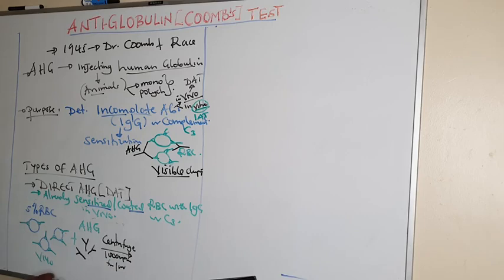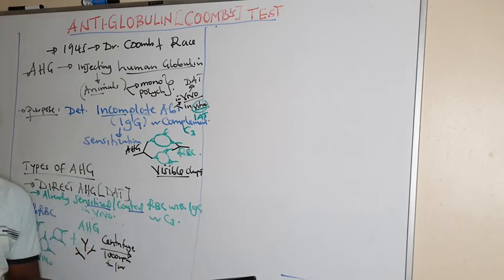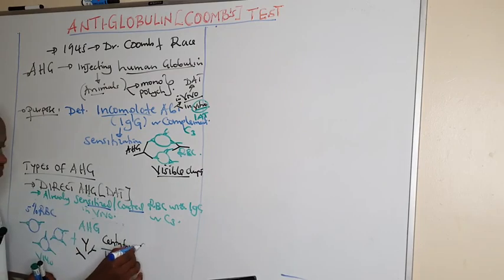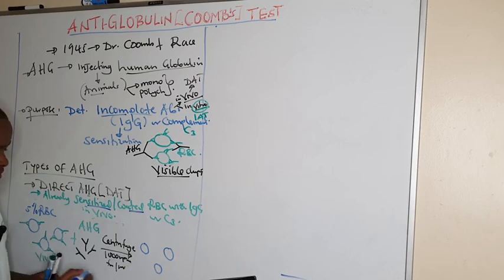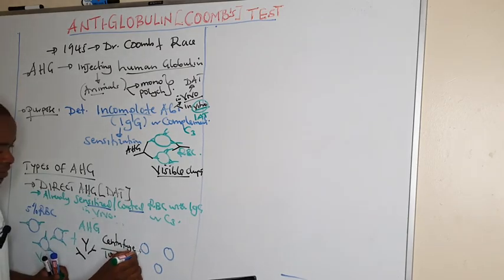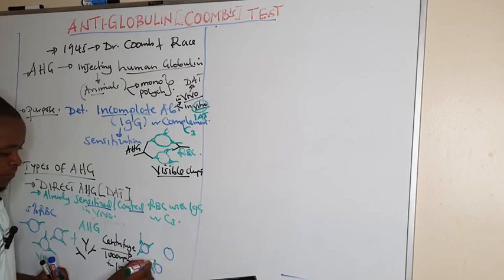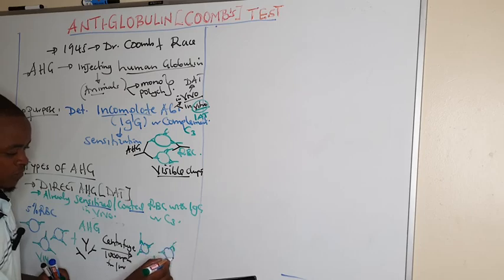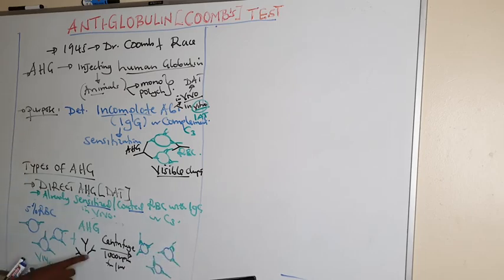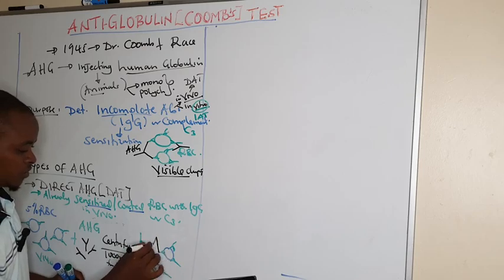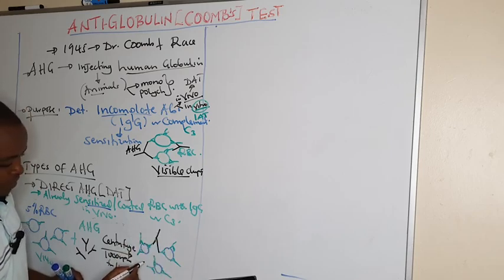Afterwards, if these red cells are already sensitized, they are going to cause what we call visible clumping. So we had our red cells, already sensitized with immunoglobulins, which is IgG or the complement. On addition of the Coombs reagent, these anti-human globulins are going to cause cross-linkage of these incomplete antibodies.